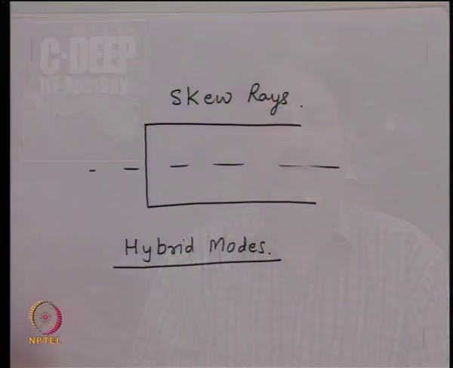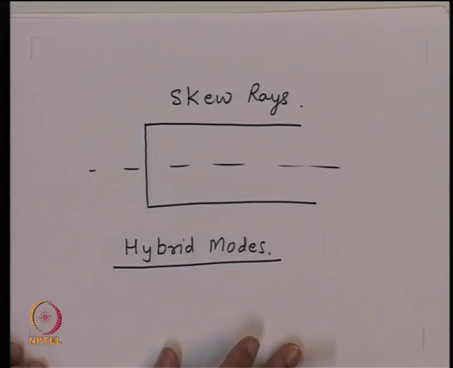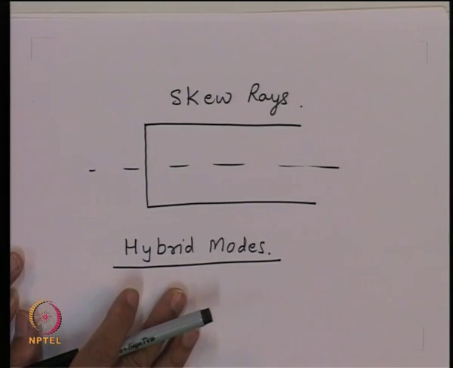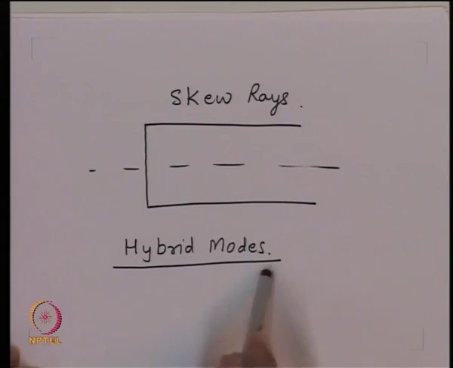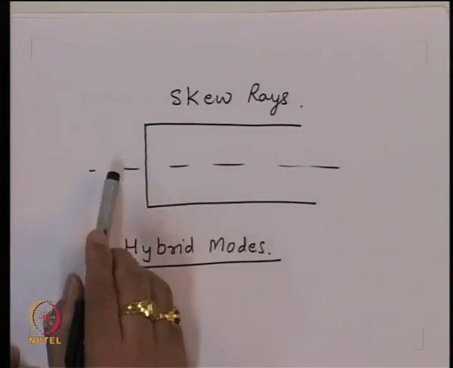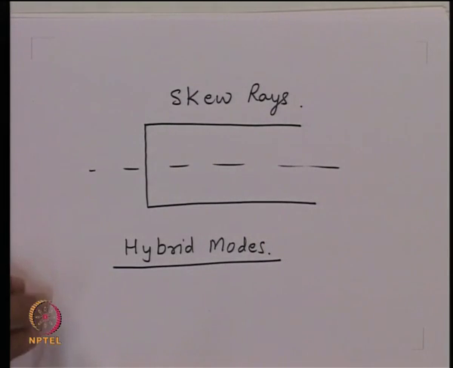And later on we will see that the hybrid mode is the lowest order mode which propagates inside the optical fiber. In fact, for the ray which goes along the axis of the optical fiber, when we do the rigorous analysis, we will find that the mode is neither transverse electric nor transverse magnetic, nor transverse electromagnetic, but it is the lowest hybrid mode which propagates and which corresponds to the ray which goes along the axis of the optical fiber.